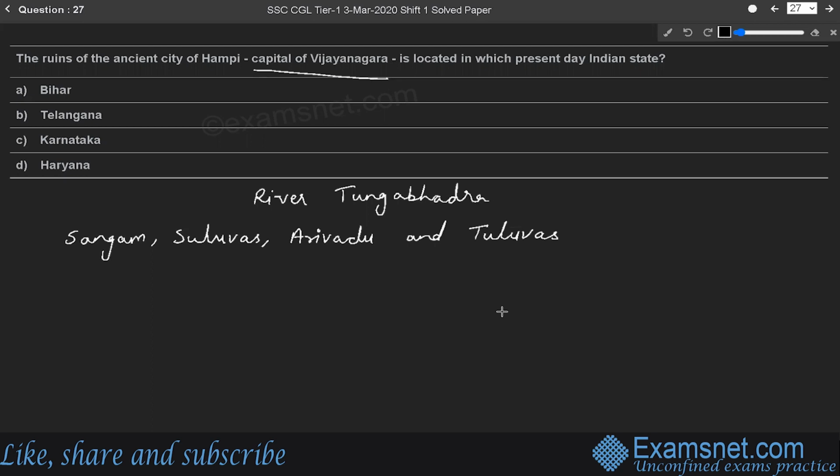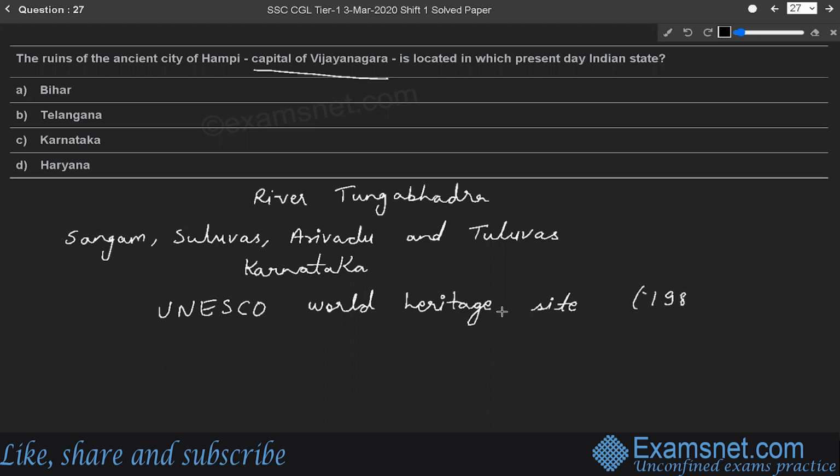And the ruins of the ancient city of Hampi is a historical site which is located in Karnataka. Also, it is a UNESCO World Heritage Site. And it happened in the year 1986.